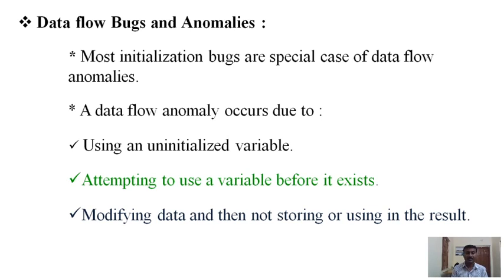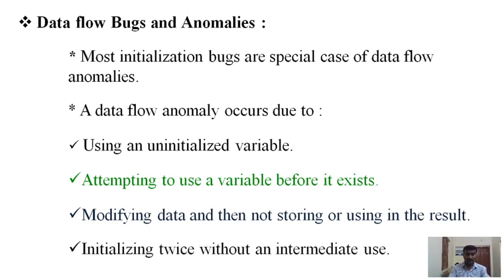Then the last one is initializing twice with no intermediate use. If you initialize one variable and initialize it again without using it, that also creates data flow bugs. So these are the five different types of bugs available in structural bugs.